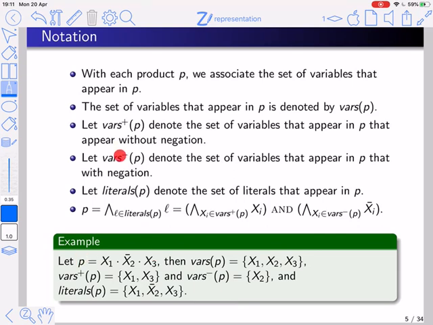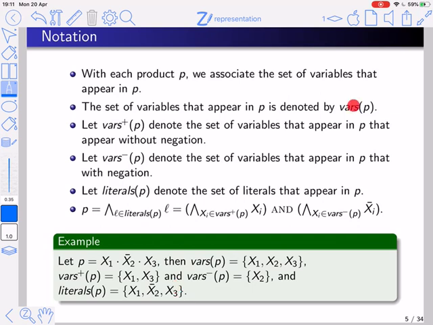On the other hand, I can define vars minus of P to denote the set of variables that appear in P with negation. For example, in this P, x2 appears with negation, so vars minus of P is just the set that consists of x2. Finally, let literals of P denote the set of literals that appear in P. So literals of P is just x1, not x2, x3.